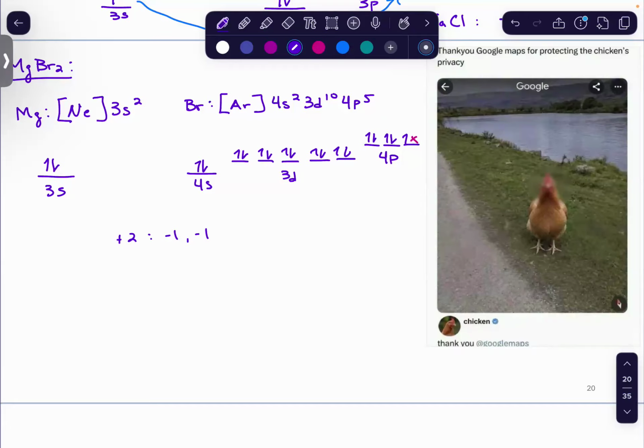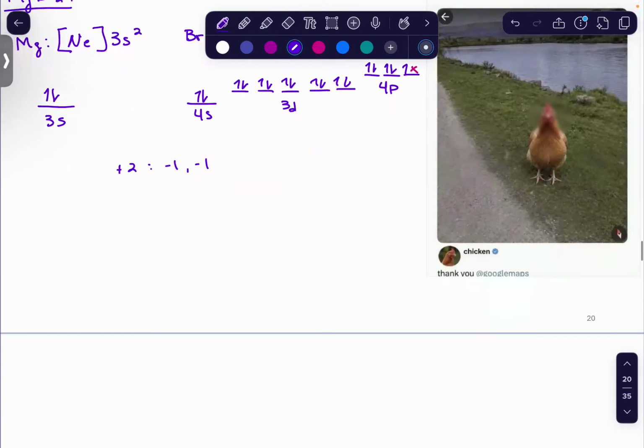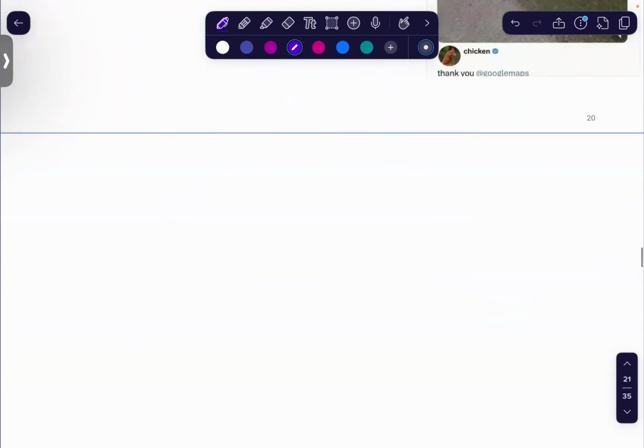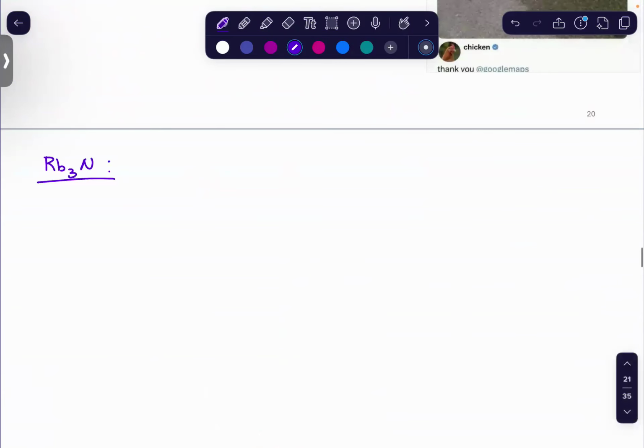Let's look at rubidium nitride. Rubidium is going to have an electron configuration of krypton and then the 5s1 valence, so it has one electron to give away.